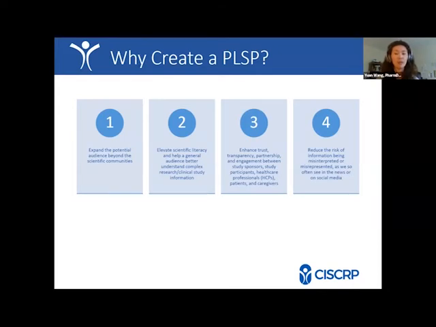So this is really key for everybody in the patient community, that they get access to the clinical trial and research data as early as possible, and in a format and plain language that they can easily understand.